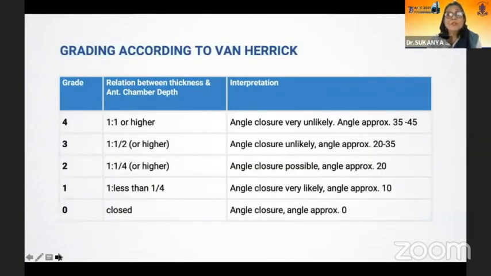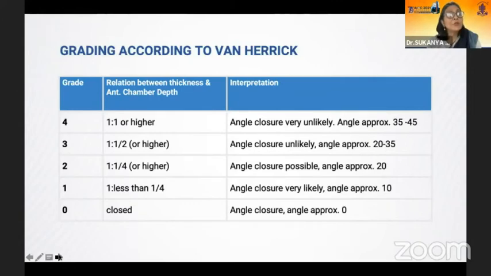Van Herrick then graded the peripheral anterior chamber depth according to how the thickness was in relation to the corneal thickness. If the peripheral anterior chamber depth is equal to the corneal thickness, or between half to full thickness, or between 1/4 to even full thickness of the cornea, then we don't have to worry.